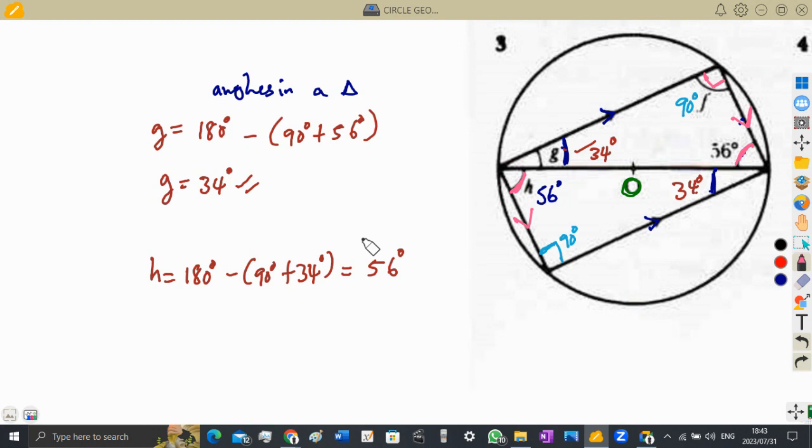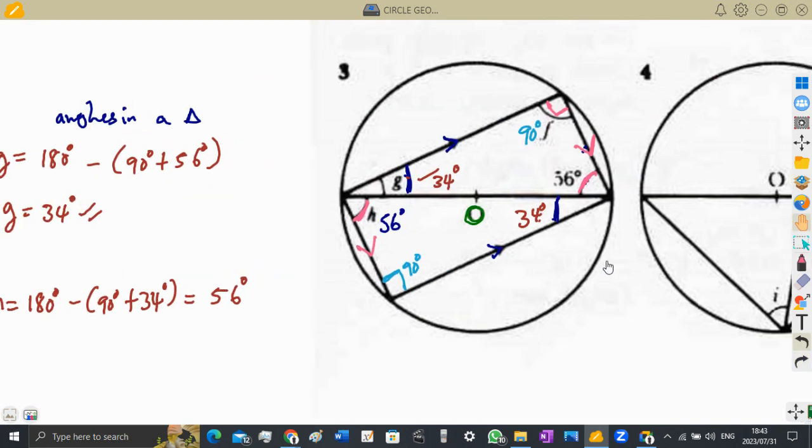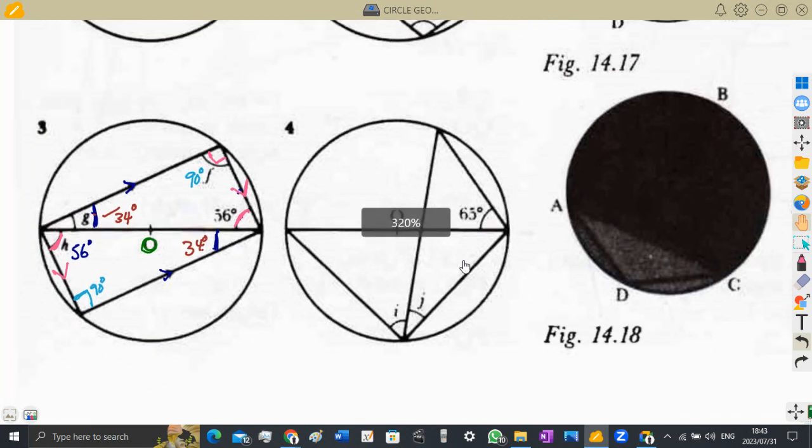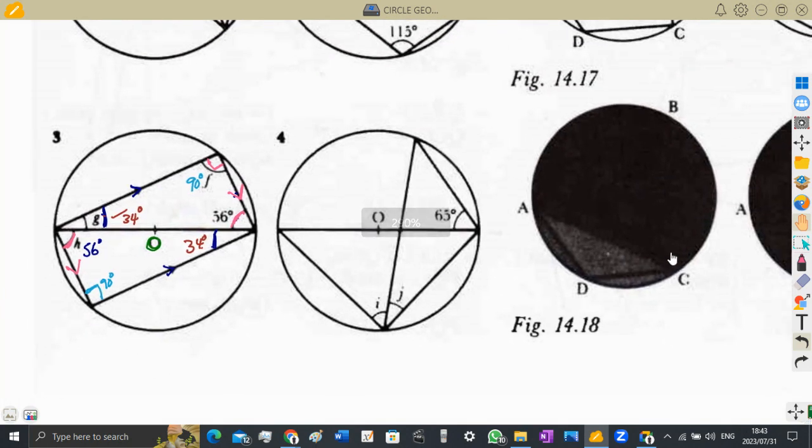Okay, this one I know, this one I know. From there, you may see that the question you are being asked, you have actually filled in on your diagram. So it's another strategy of answering, to fill in what you can see, exactly with your theorems.